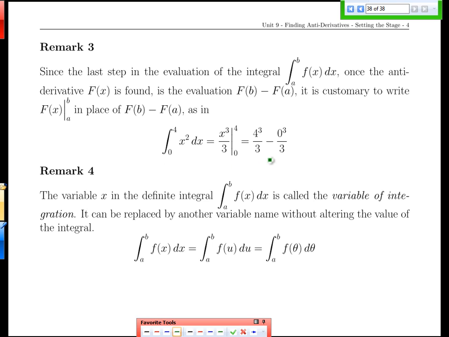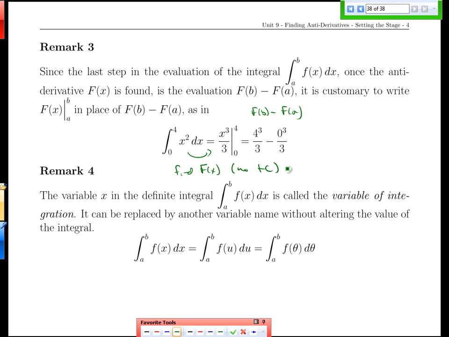Just reinforcing the notation here as a final note, if we do have the integral from 0 to 4, what we'd usually do is find the antiderivative first, and then put in the upper and lower limits as a bar here, and then sub it in as f of b minus f of a.